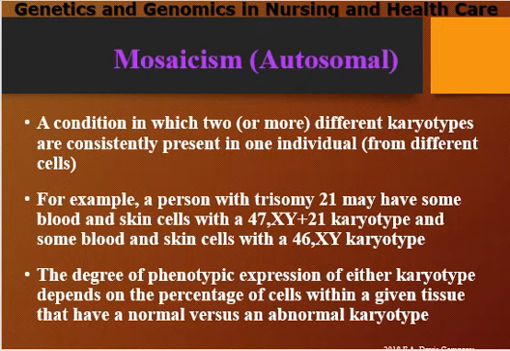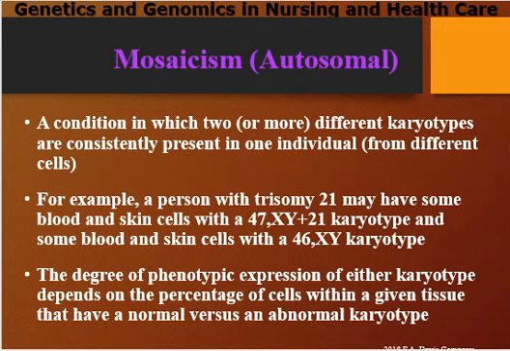For example, a person with trisomy 21 may have some blood and skin cells with a 47,XY,+21 karyotype, 47 because they have one extra chromosome, and some blood cells and skin cells with a normal 46,XY karyotype. So we're talking about a male here.